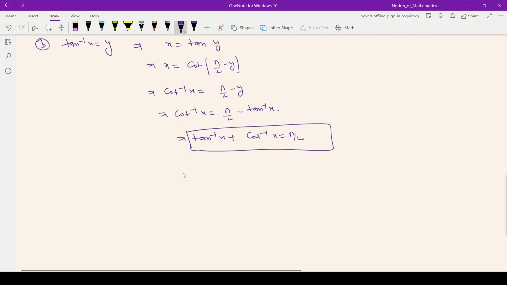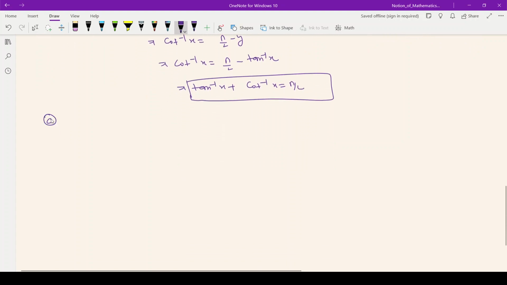After that, I am going to prove the C part of this property. For that, I have to consider cosecant inverse x.